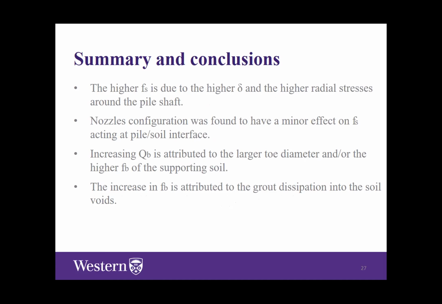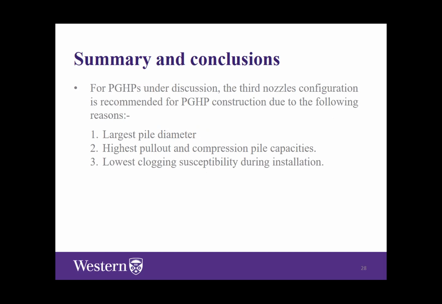The nozzle configuration was found to have a minor effect on the pile-soil interface. However, it affects the pile shape, as we mentioned. The increase in the unit bearing resistance, fb, is attributed to the larger toe diameter and the higher bearing resistance of the supporting soil. The increase in fb is attributed to the grout dissipation into the soil voids.